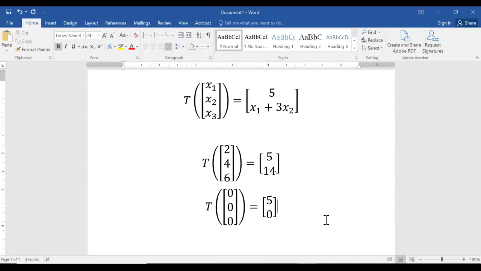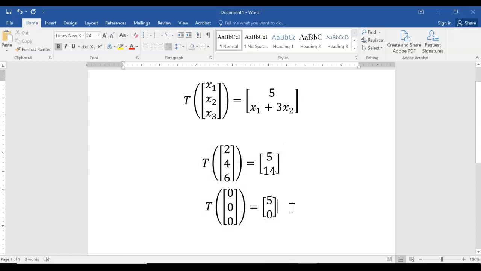Now the question is, does this preserve addition? And does this preserve scalar multiplication? We can test the addition and show that it doesn't hold just based on these two vectors themselves.